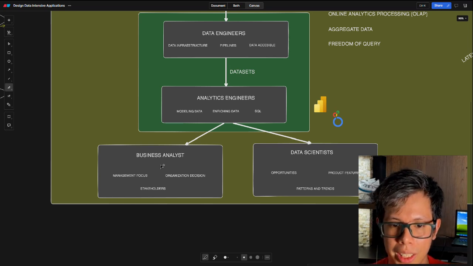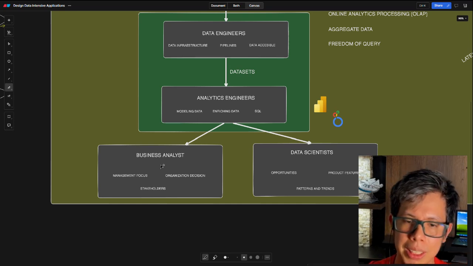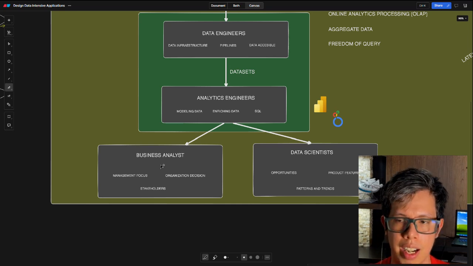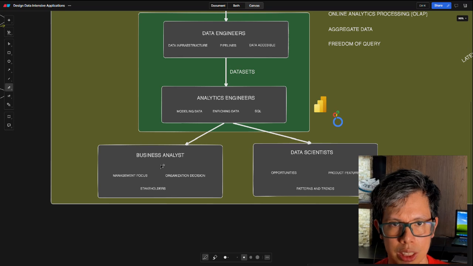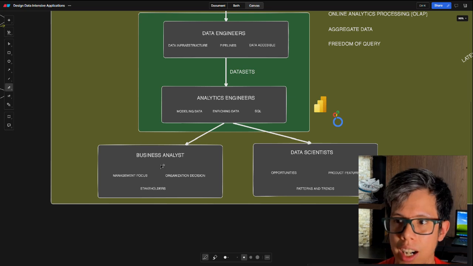But in summary, they tell the analytics engineer, please give me the data that I need. In the case of the business analyst, the focus is on the management role. It's like, maybe the organization wants to analyze how many users, I don't know, create green cards or something like that.